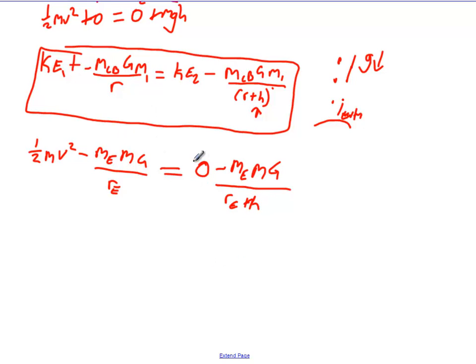Now this looks like a mess, but the mass of the rocket is here and here and here, so it's gone. So now I have 1/2 v squared minus mass of the Earth times G divided by the radius of the Earth equals negative mass of the Earth times G divided by the radius of the Earth plus h.